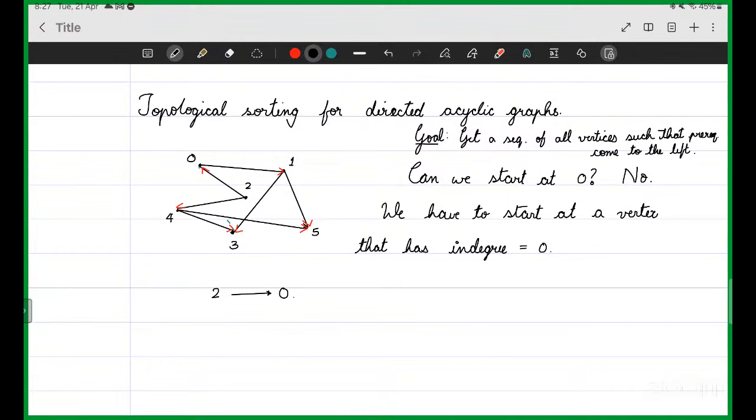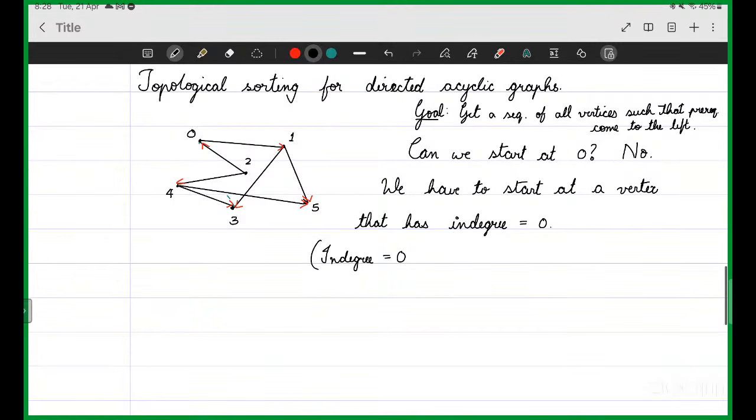Okay, sir. All right. So that is why we have to start at a vertex which has in degree 0. What does it mean in terms of the language that we have used so far? What does a vertex with in degree 0 mean? There should be no incoming edge.